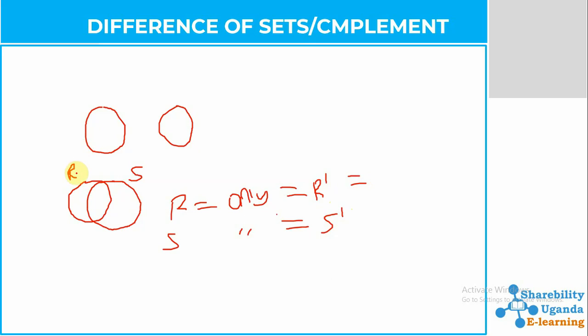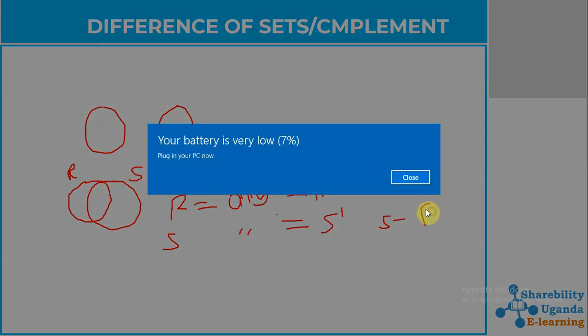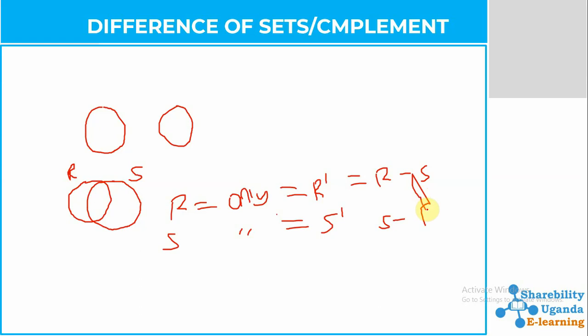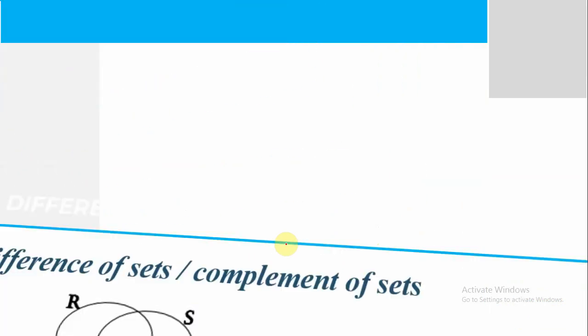If we want to get our R only, that means we are going to say R minus S. Also, when we want to get our S only, then we are going to say S minus R. It is not equal to, but S minus R. That's how we can identify this.